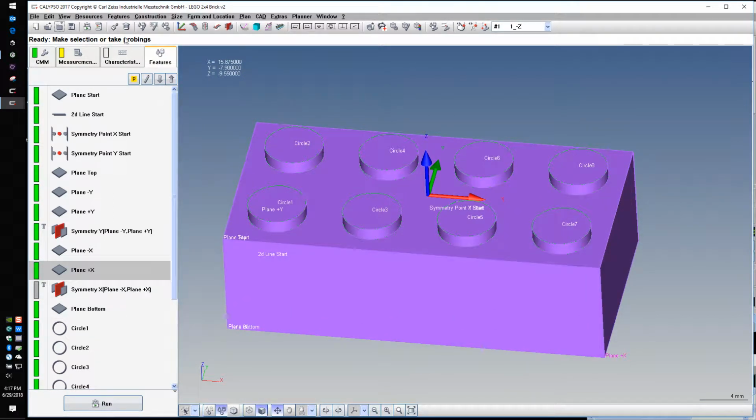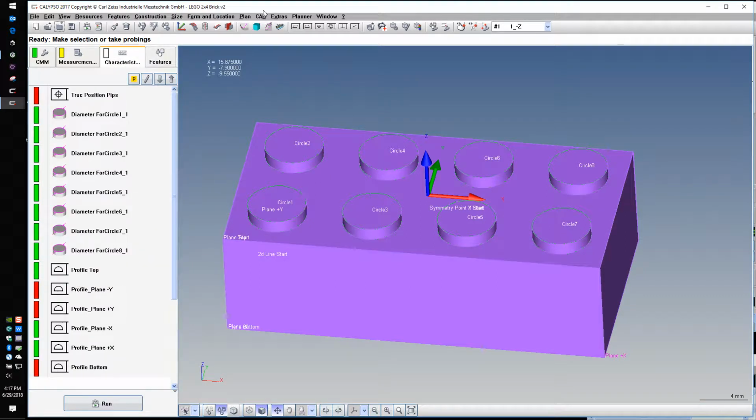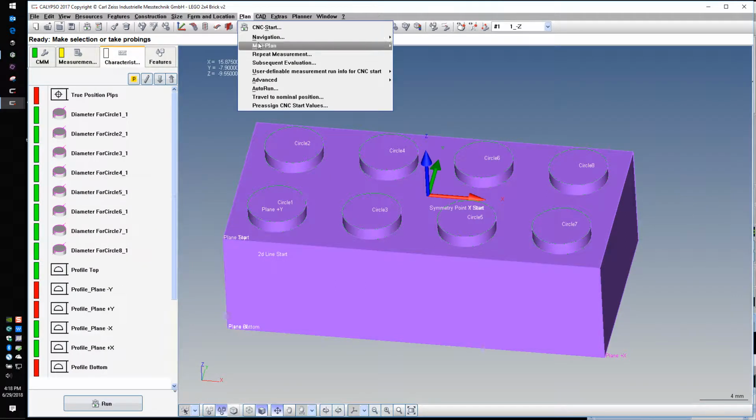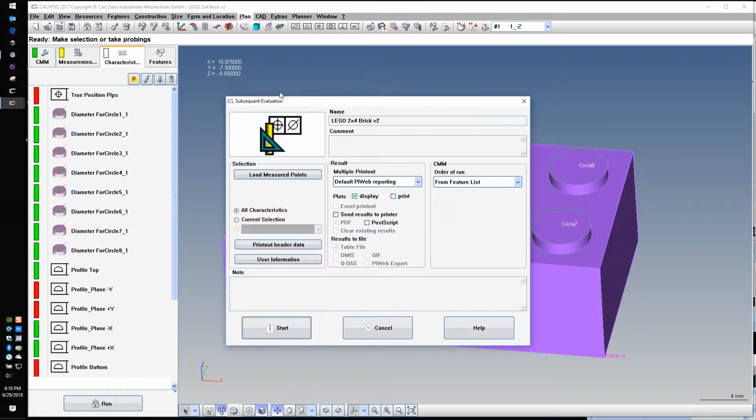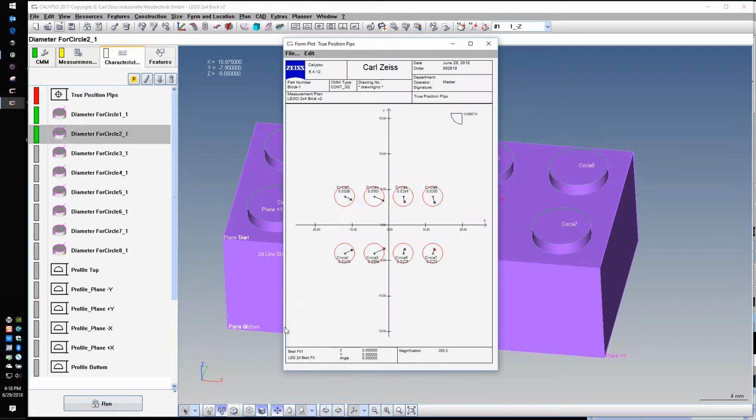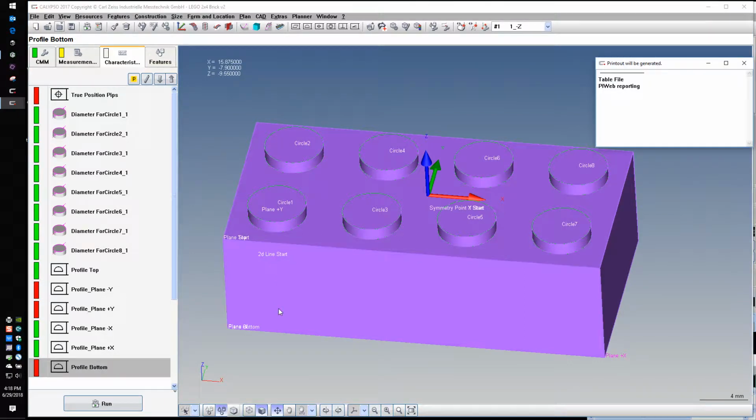Okay. So let's take a look at the results here. First off, we can go plan, subsequent evaluation, and we'll load up brick number 1's data. Let the machine run through there real quick and bring that up for us.